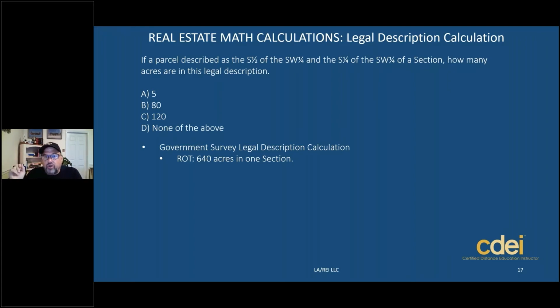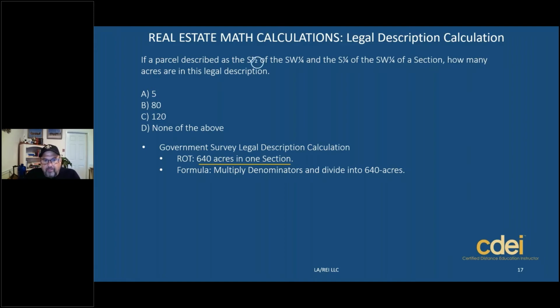Now the formula that I use, and it's the easiest way to work this type of problem, is you're going to multiply the denominators, and then you're going to take that and divide it into 640 acres. So let me show you.